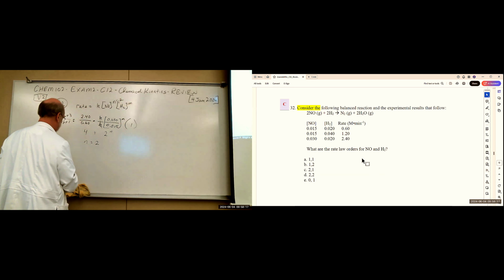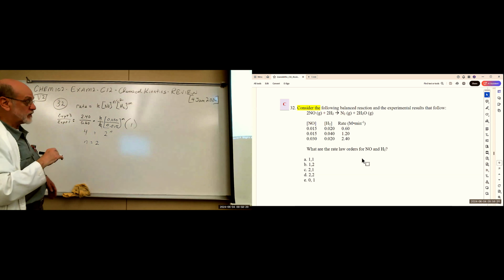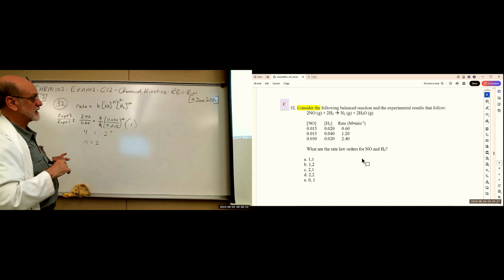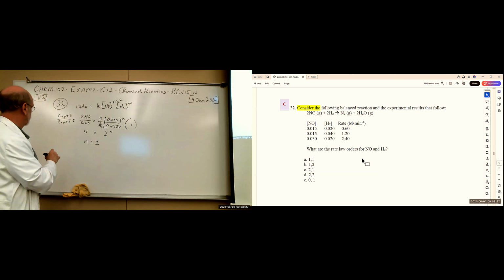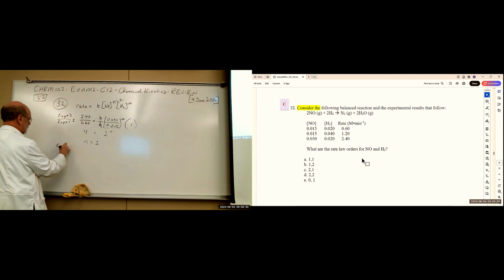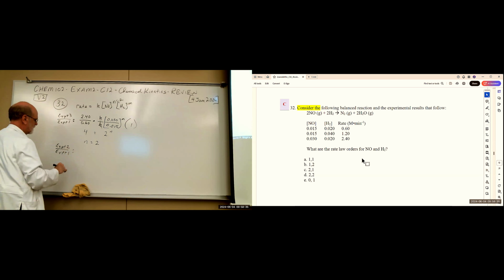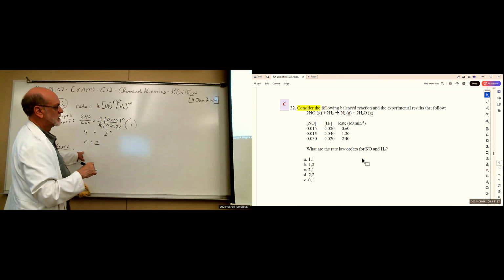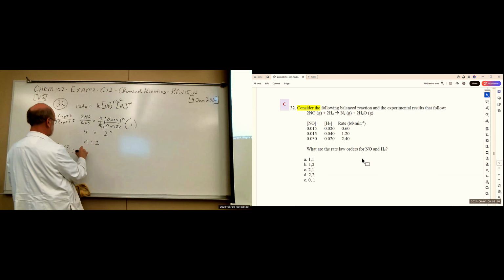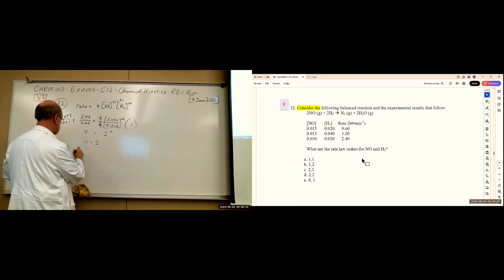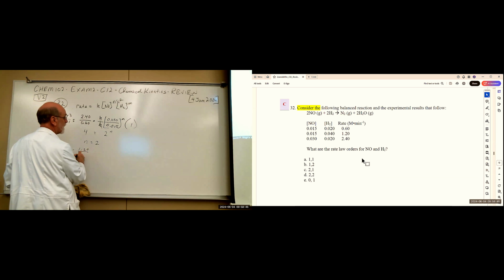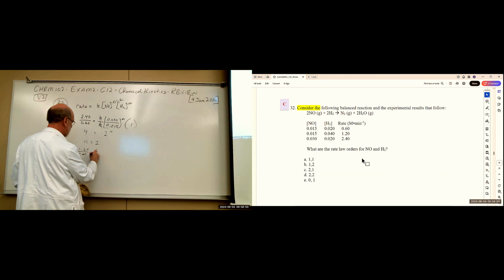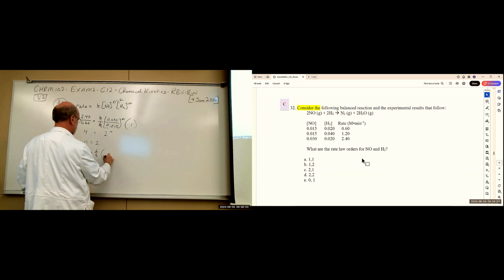How about the other one? I'll leave that one up there. So the other one we want to vary. Let's see, 2 and 1. How about that? Experiment 2 and experiment 1. So experiment 2 gives us 1.2 divided by 0.6 equals K, cancel. This one's 1.